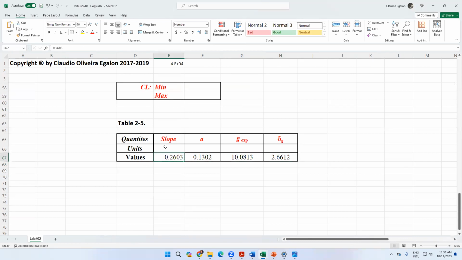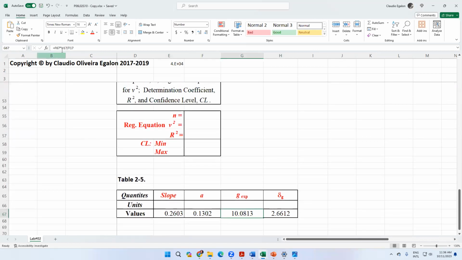But how do I get the percentage difference, right? I get the percentage difference by first determining the acceleration. The acceleration is going to be half this value, according to the equation. And then we use this acceleration to calculate the experimental value of the acceleration of gravity. The experimental value of the acceleration of gravity is going to be given by this equation that you see right here.